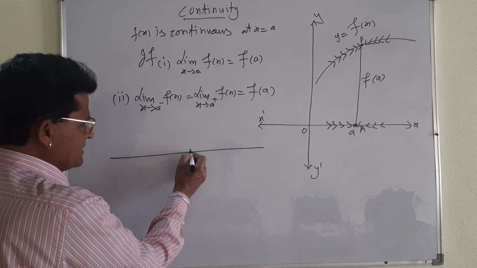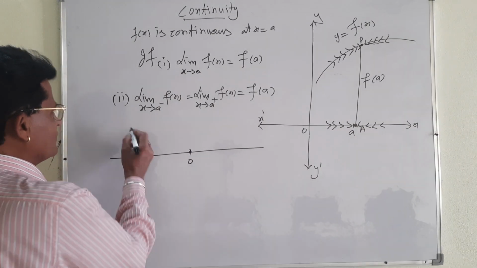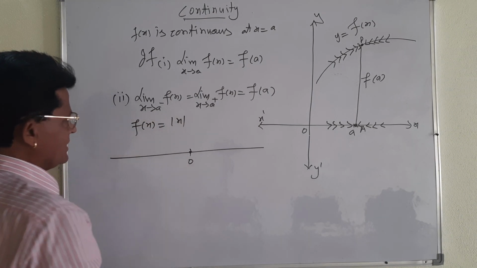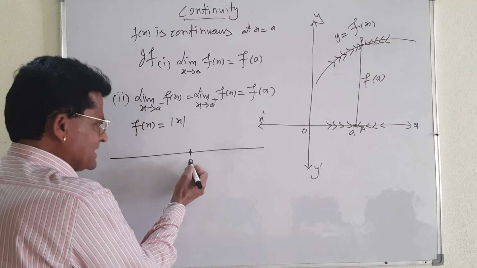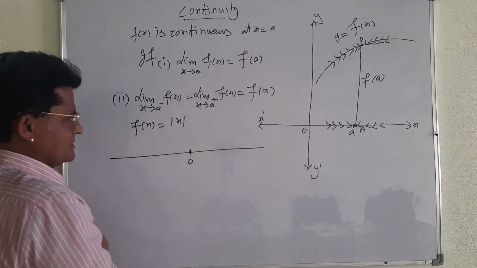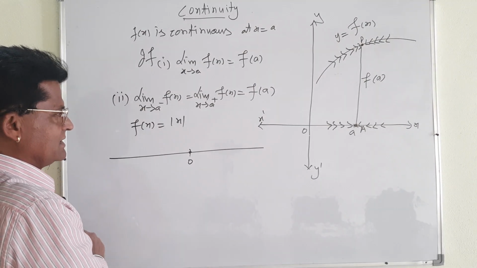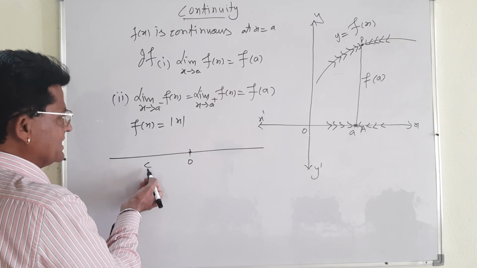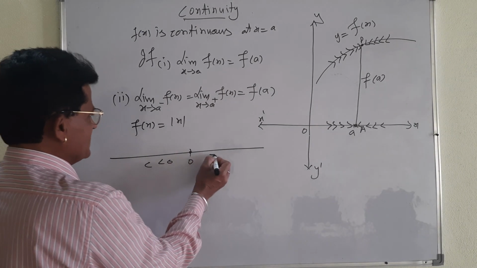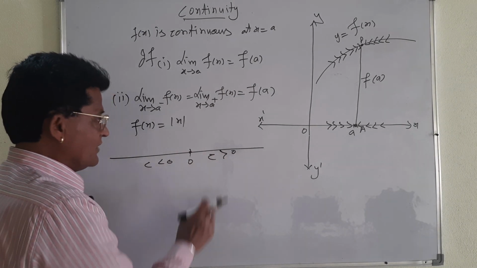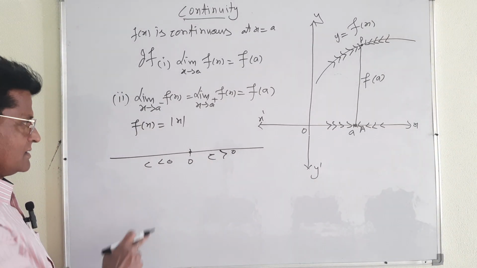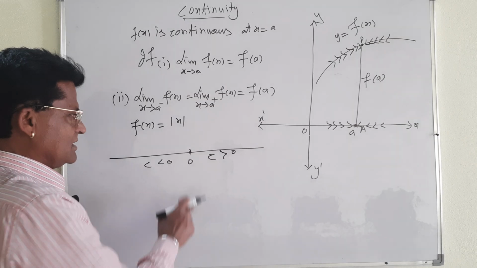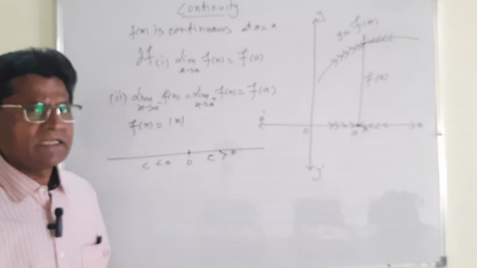At this point, the function is absolute value of x. At x is equal to 0, it is continuous. After that you will see, suppose I am taking a point c. This is a real value less than 0 and c is also greater than 0. You will have to check at c less than 0, c greater than 0, and c equal to 0.